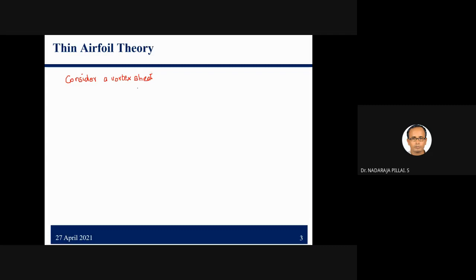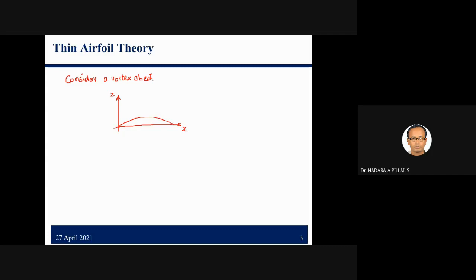So let me draw the camber line. Say I have an airfoil. I write this is X and this is Z, and I draw a camber line here.